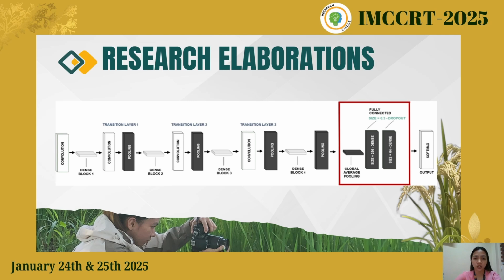So FC layers with dropouts are reintroduced following global average pooling, but with reduced sizes of 256 and 64 dense. This change aims to prevent overfitting and refine feature extraction and learning for better adaptation to the specific needs of rice image classification.